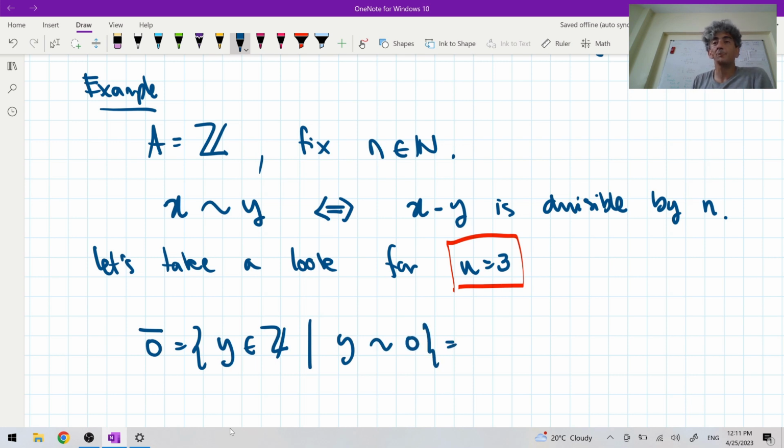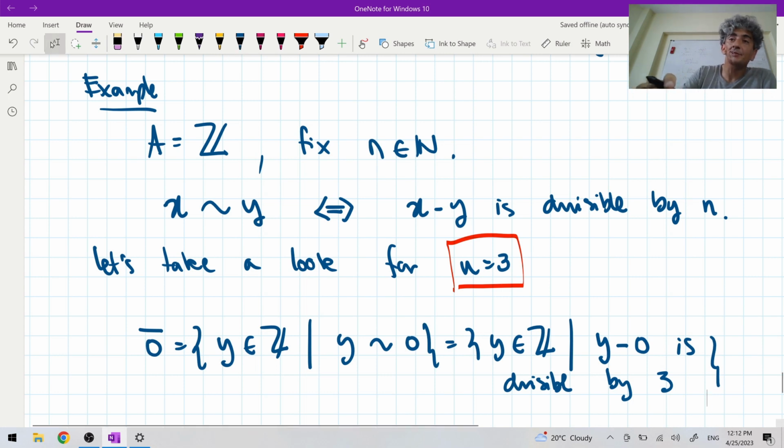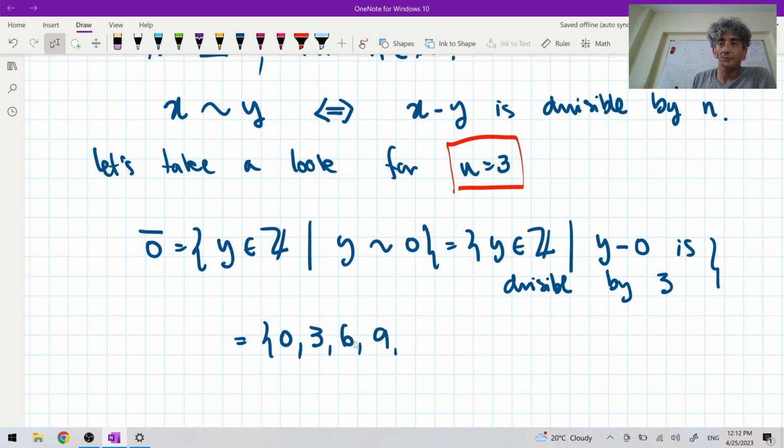So this means we're talking about all the integers such that y minus 0 is divisible by 3. If we need to make a list, it will be a never-ending one, but we can actually see what it is. It's the multiplication table for 3, right?